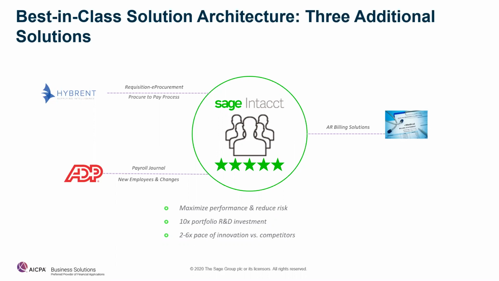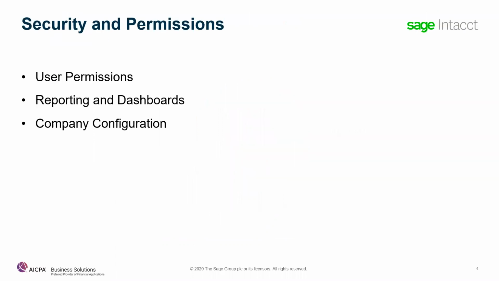So when you think about what solution you're looking for from a financial management solution, you want that solution to be strong and to be able to carry all of the transactions from those other applications as well. And Sage Intacct is the only solution that provides that automation, visibility, and integration to the other best-in-class models.